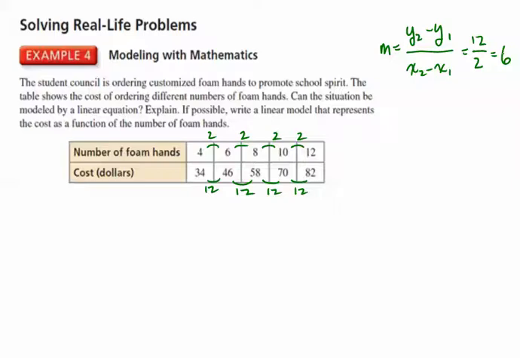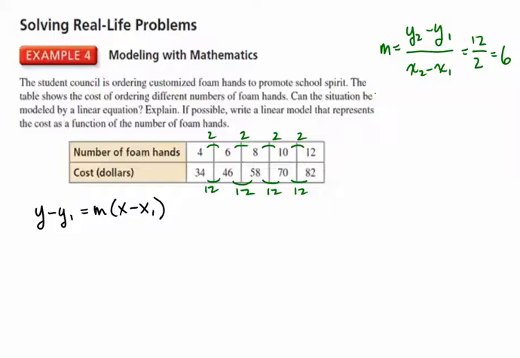And just as I've done in previous problems, what I'm going to do next is use that slope and one of the points to write a linear equation in point-slope form. Now, I don't think that I explained precisely how we know that this situation can be modeled by a linear equation.